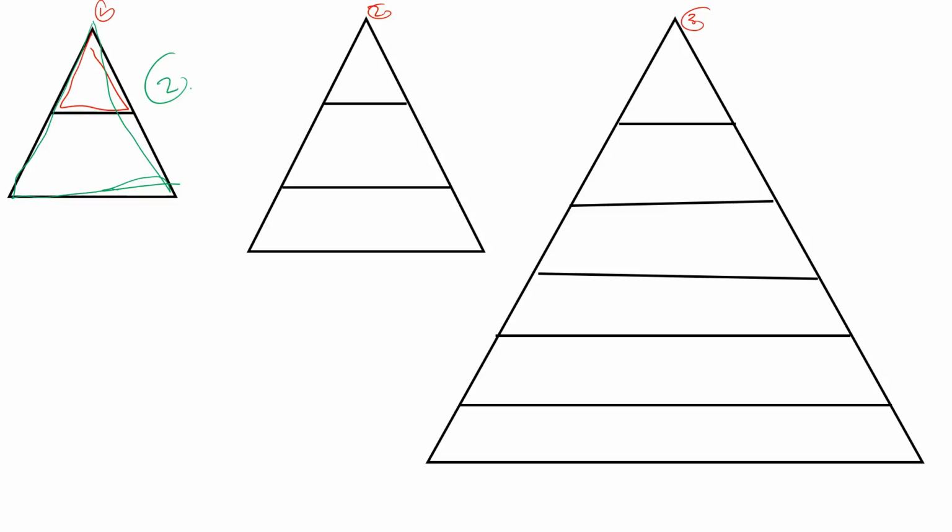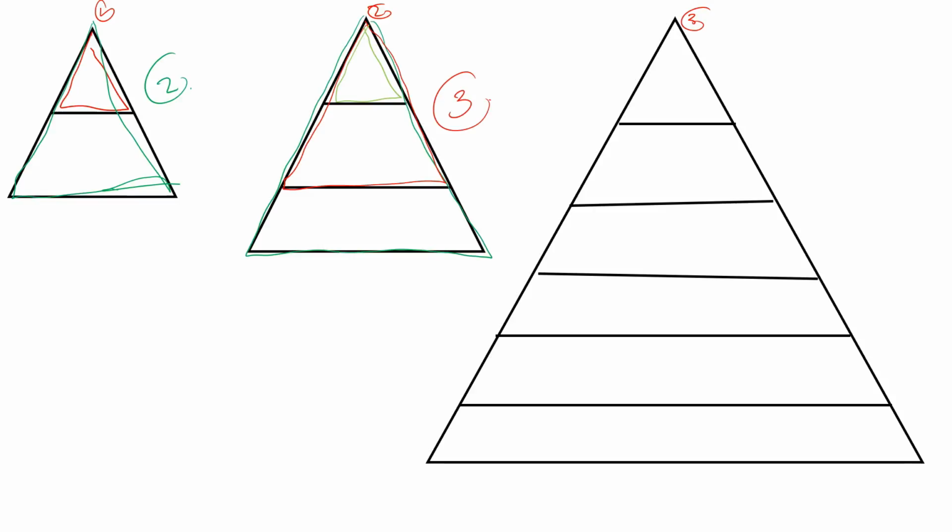In figure number 2, we can still count. This is 1 triangle, this is the second triangle, and this is the third triangle. So in figure number 2, we have 3 triangles.